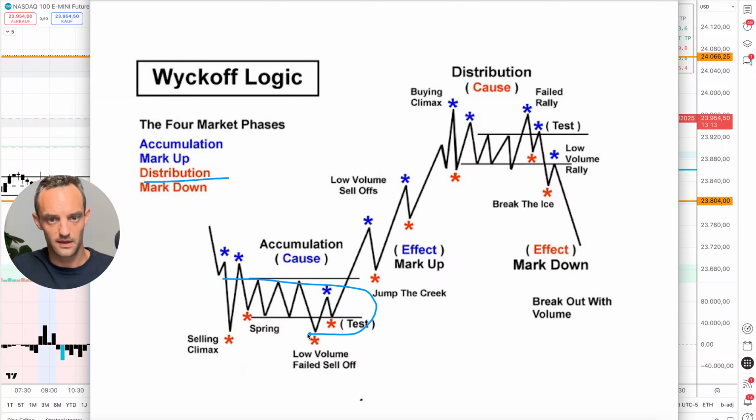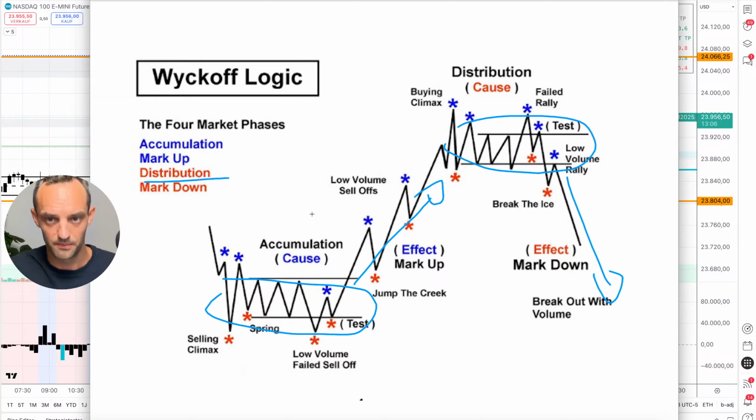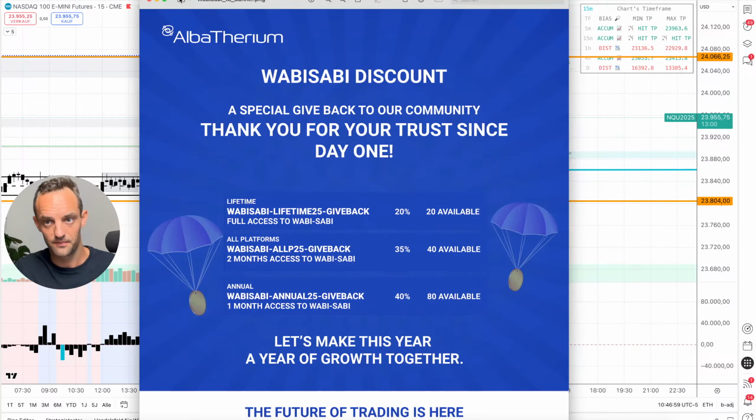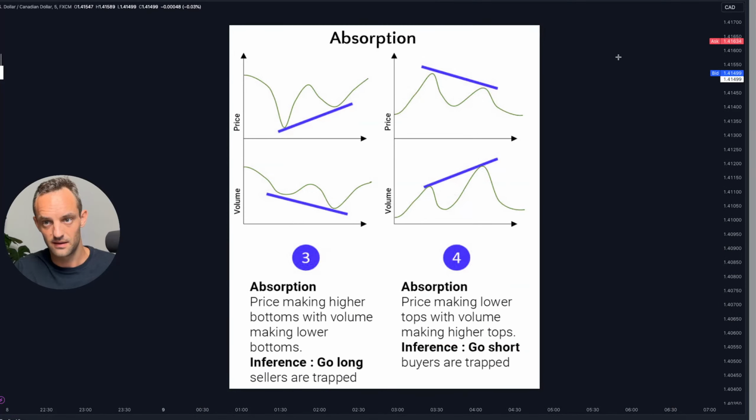This is what we analyze here: accumulation, distribution, and then trend to the upside or trend to the downside, so mark up or mark down. This is what we try to visualize with this table.